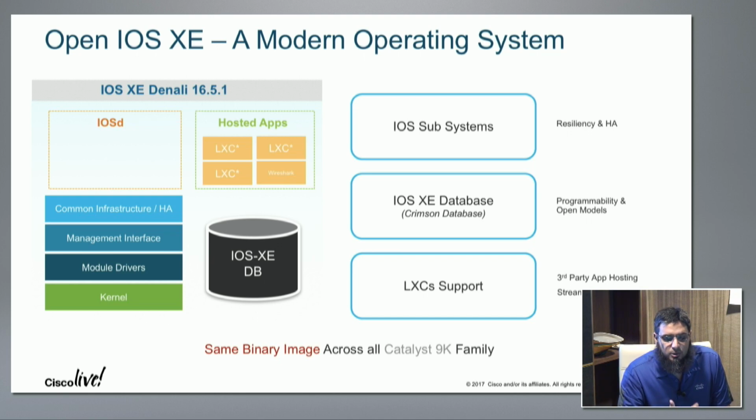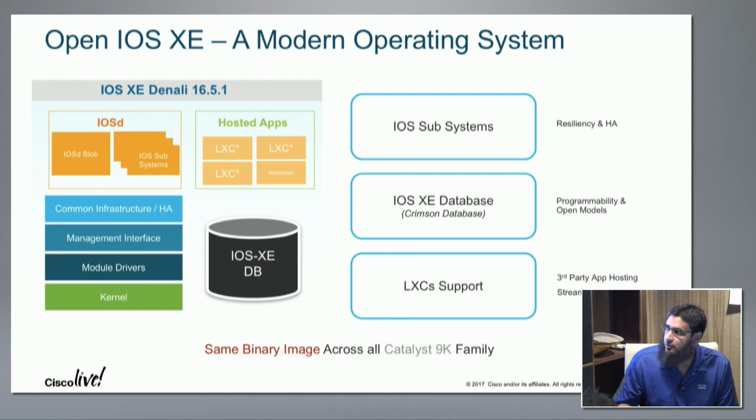So we have modularized the operating system in a way that we have IOS subsystems for the different features that we have. So for example, BGP could be an IOS subsystem. OSPF is another IOS subsystem. The advantage of that is you get a lot more resiliency and high availability, because if one of the IOS subsystems fails, other pieces of the software are intact, right?